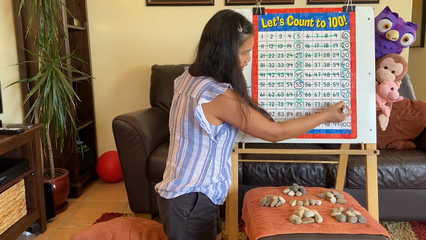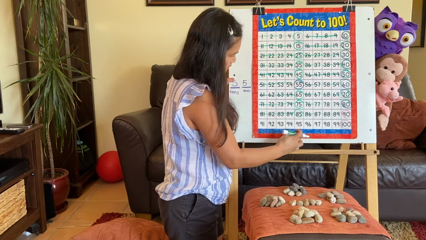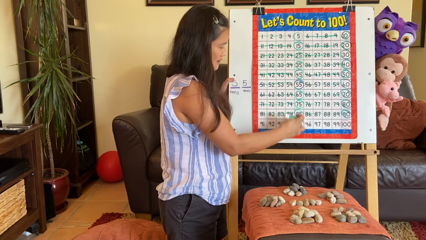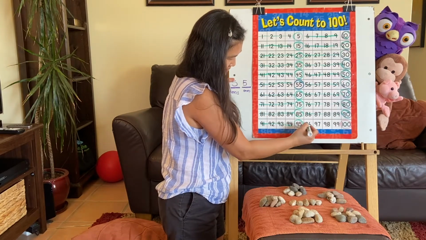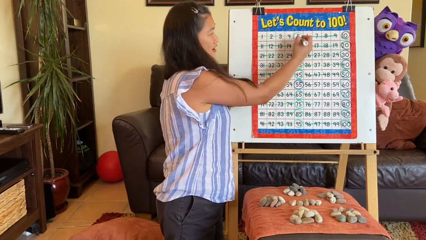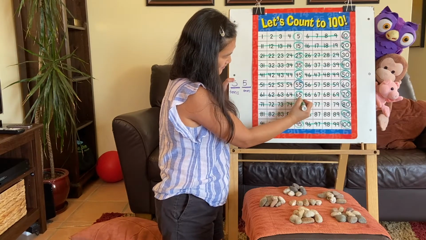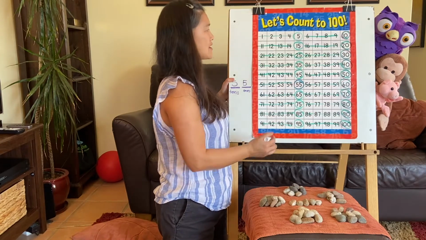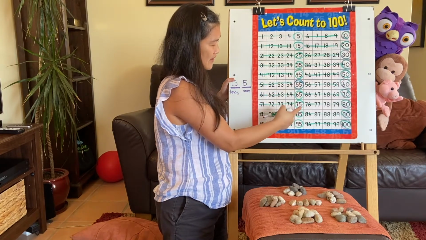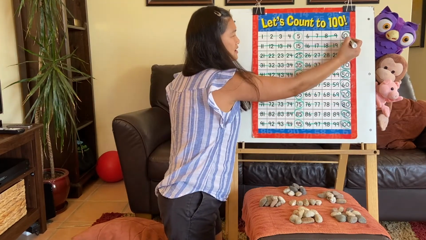What do they all have in common in this first row right here? Or actually that's a column, sorry. The first column going down. What do you notice? Yeah, I think you're right. They all end in 5s, don't they? So if I were to count this, 5, 15, 25, 35, 45, 55, 65, 75, 85, 95. And what about this? They all end in 0s, okay?